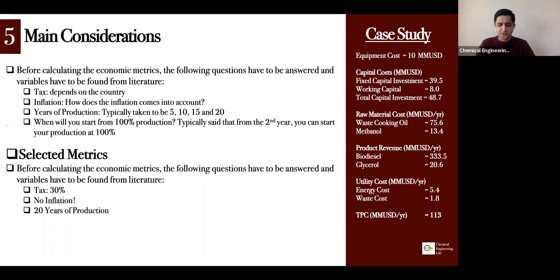And just a quick suggestion, when you're building up your file in Excel, it is good practice to create one tab with all of your input variables. That means your raw material balance, raw materials cost, your product cost, utility requirement and cost, and the variables that we have selected here, inflation, tax, and so on.